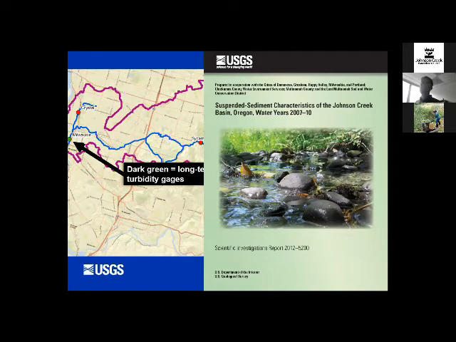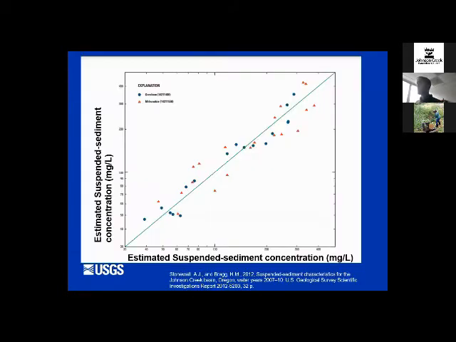So in 2012, we produced a report that looked at those two gauges and tried to quantify the amount of sediment coming through those areas for the years 2007 to 2010, those four water years. Delving really quickly into that report, we found some pretty good relationships between turbidity and streamflow in estimating suspended sediment concentration.